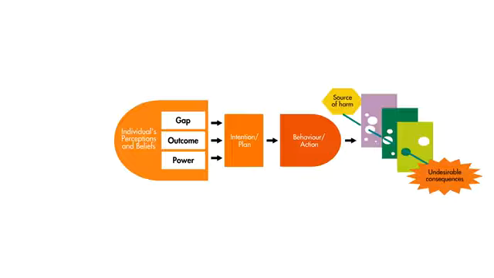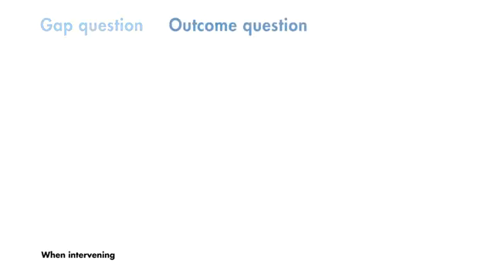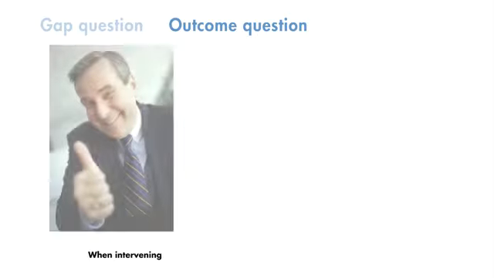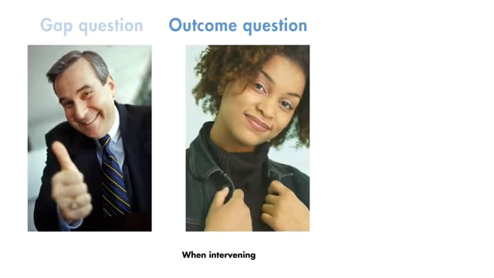Let's look at the answers in a simple example of somebody spotting an unsafe act that could result in a person seriously injuring himself. Gap. Potential for an incident. Outcomes when intervening. A warm thank you for pointing out the hazard. Satisfaction of having prevented injury.